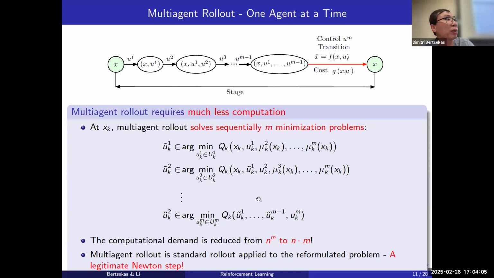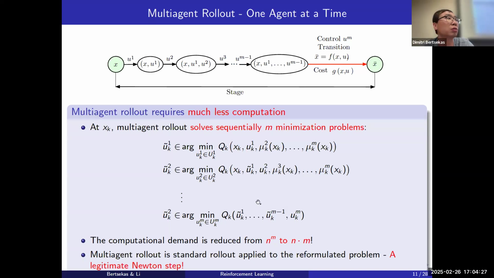As you have probably seen in your homework, you tested multi-agent rollout against standard rollout. And in terms of performance, there's not so much performance degradation from multi-agent rollout, right? In fact, in some cases they are identical.